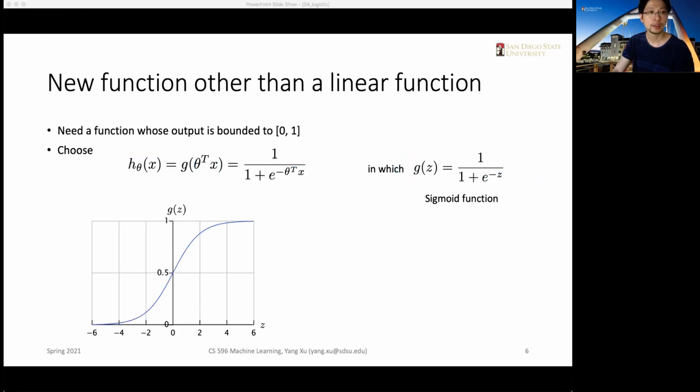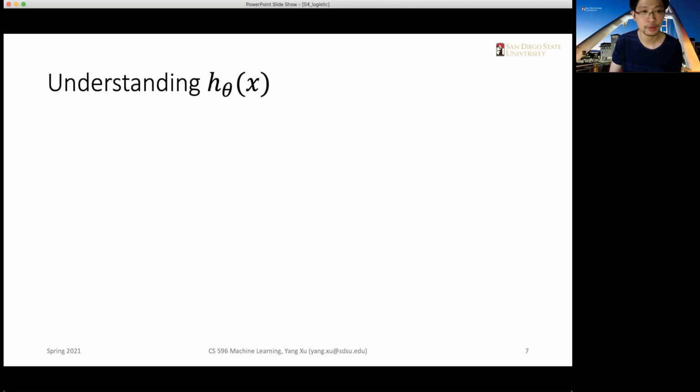So let's see if we use this one to fit our previous training examples.